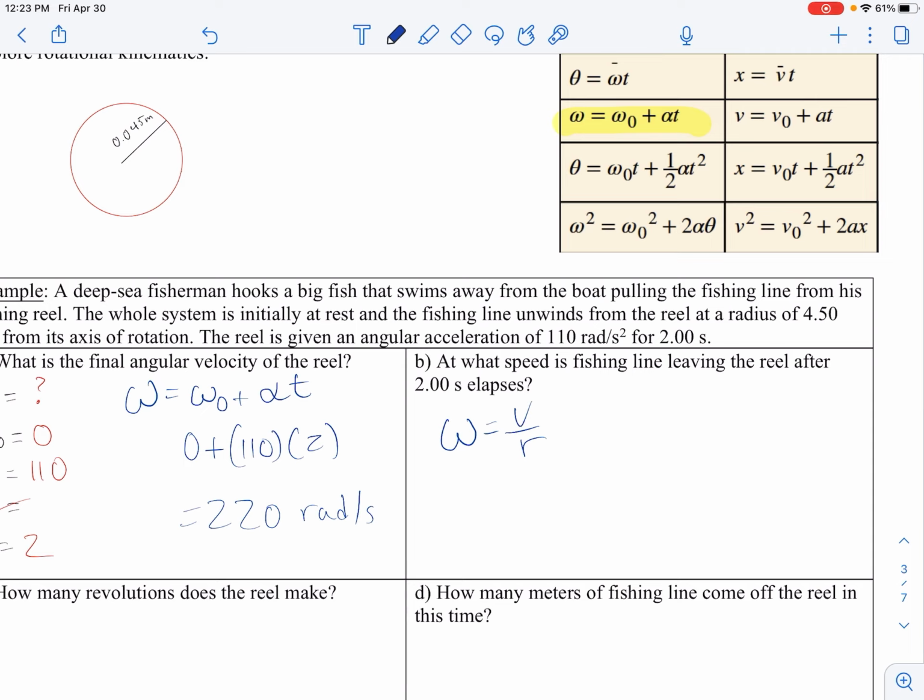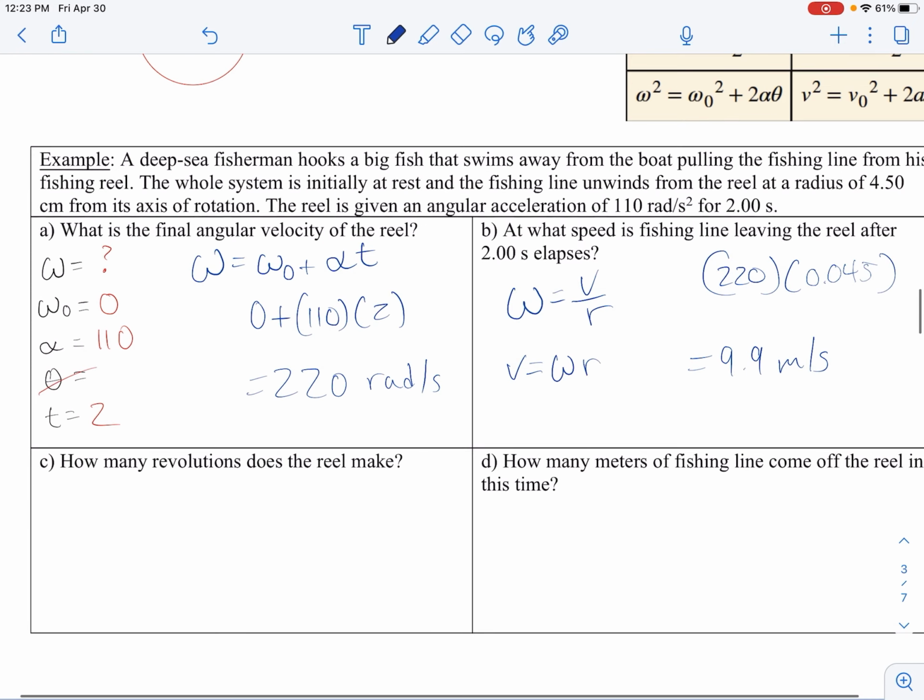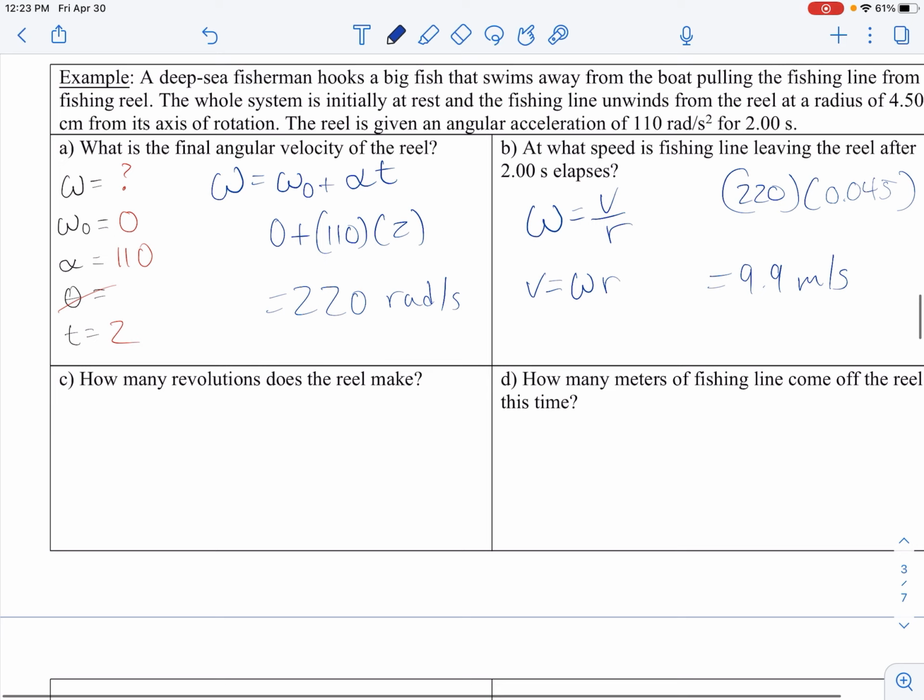And if we're looking for the linear velocity, we could rearrange that equation to be this. We know that the final angular velocity was 220, and the radius is 0.045. We end up with 9.9 meters per second, which is the velocity that the line is leaving the reel.